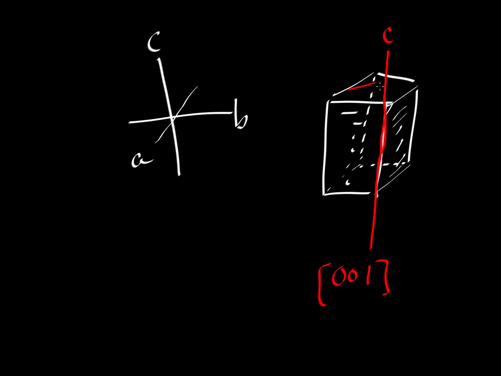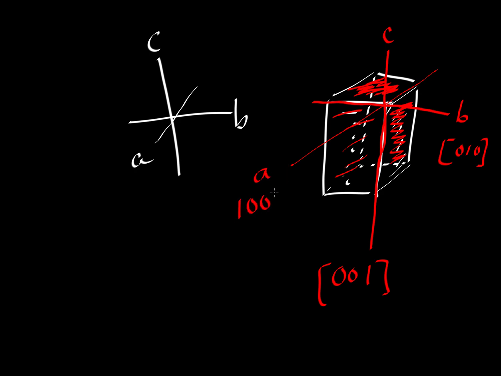And then we can have the intersection of this face and this face define this horizontal direction here. It could be the B-axis, and we might notate that as [010], again writing it in square brackets to represent a direction, not a plane. And then similarly, we could have this face up here on top and this face over here on the side, and their intersection could be the way that we would define the A-axis.